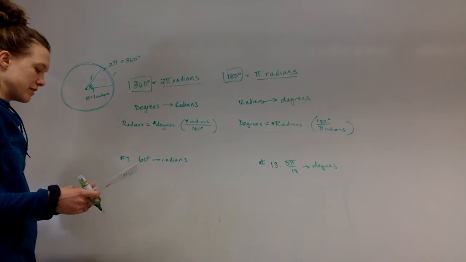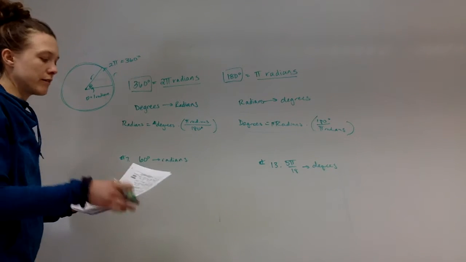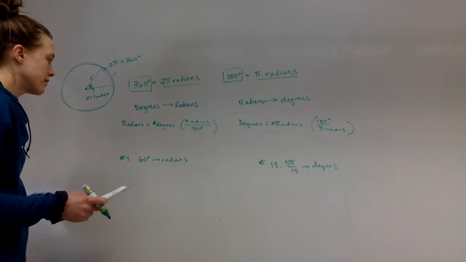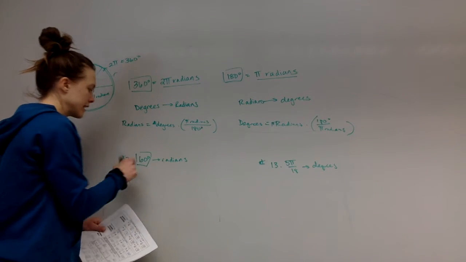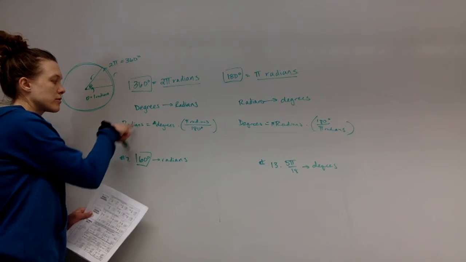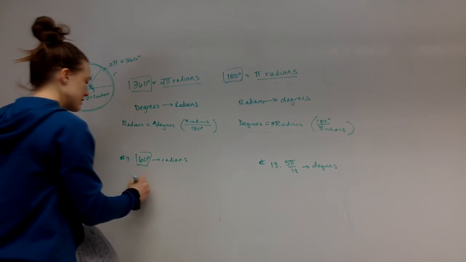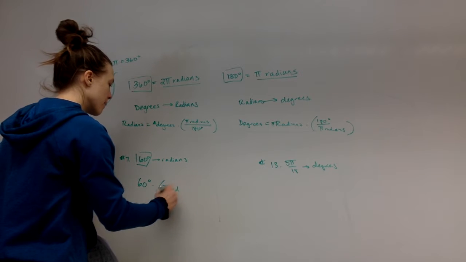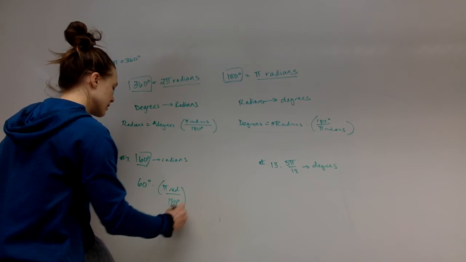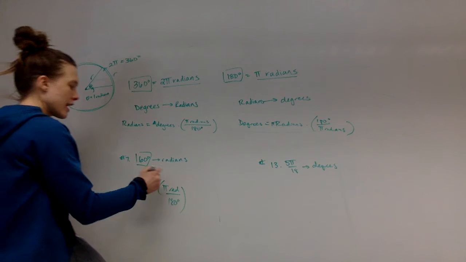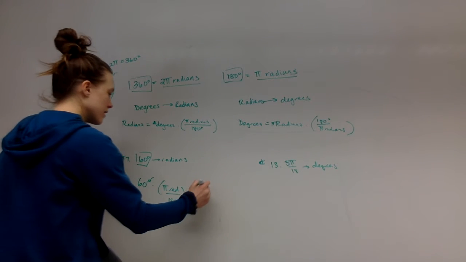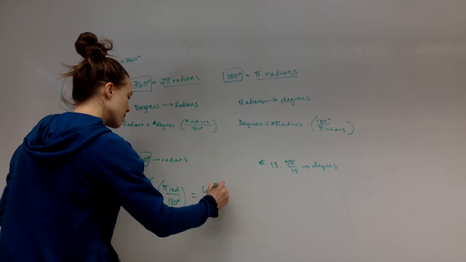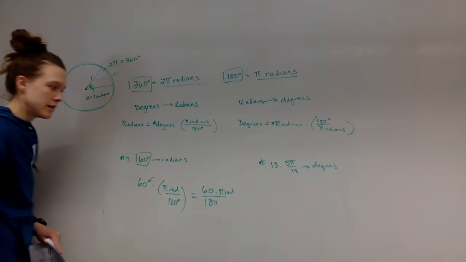So if you look at number 7, flip your sheet over and look at that first question, converting degrees to radians. We have 60 degrees, and we want to convert it to radians. So I'm going to use this first formula, so 60 degrees times pi radians over 180 degrees. So the degrees cancel, and I'm left with 60 over 180 times pi radians.